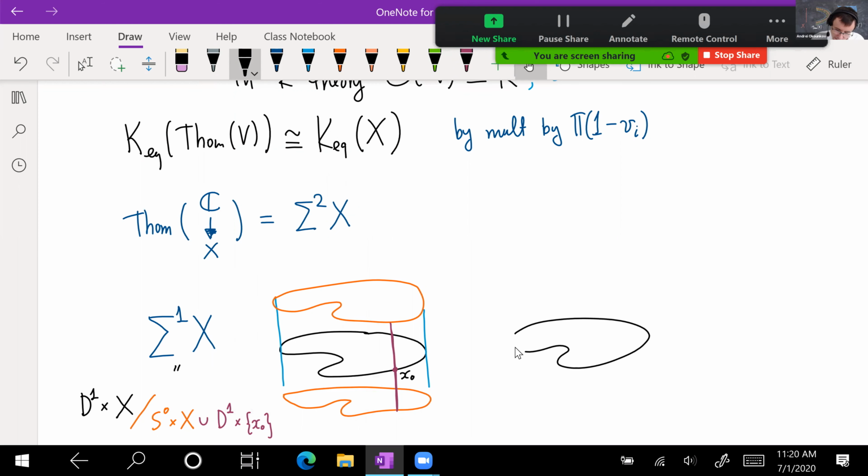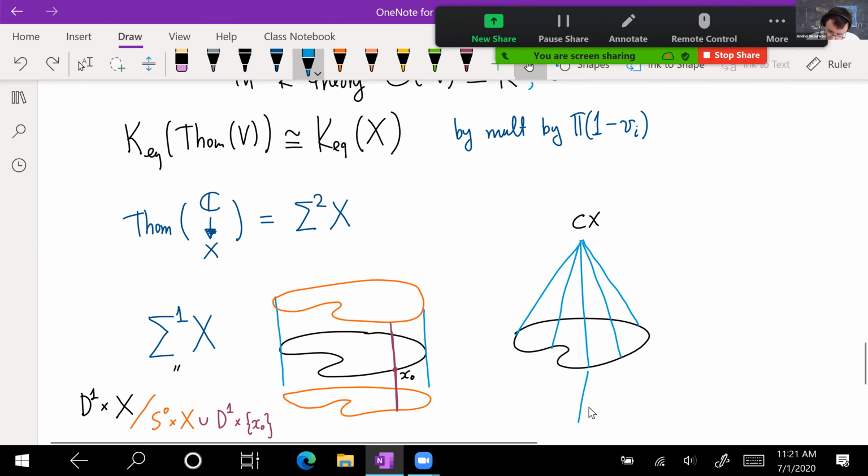So we get like one cone over X, and then another cone over X. And then there's this marked point which we collapsed here.